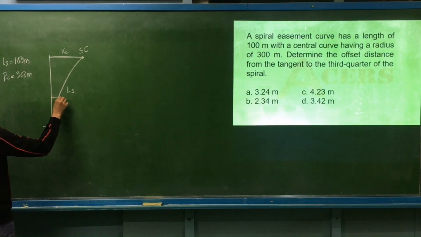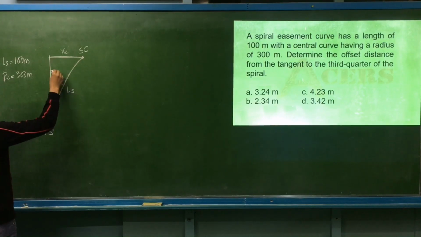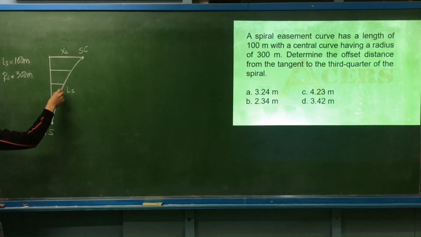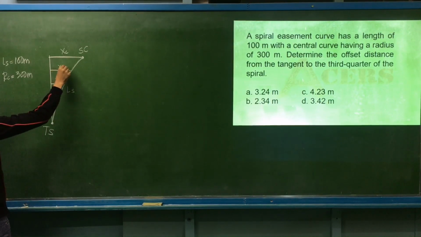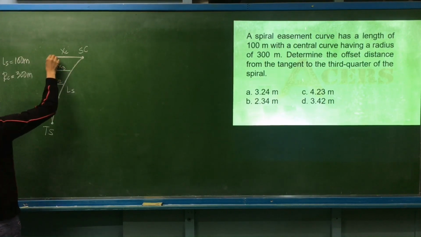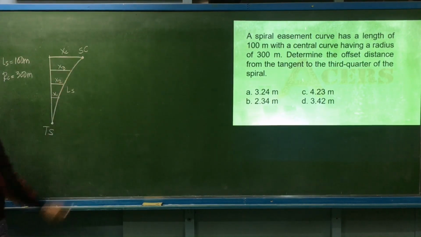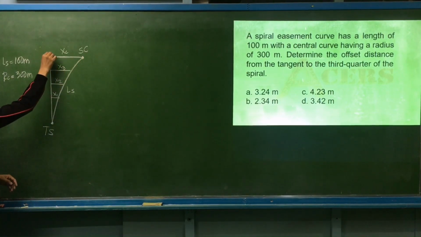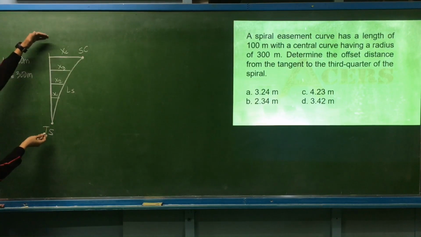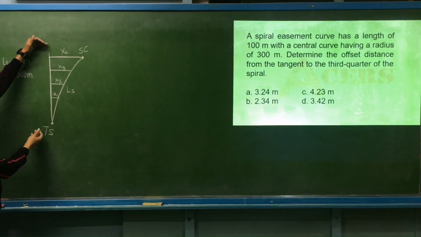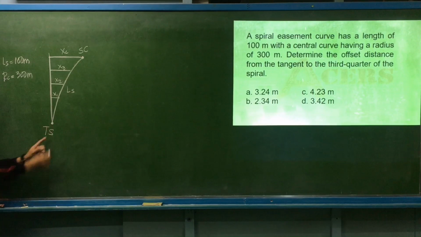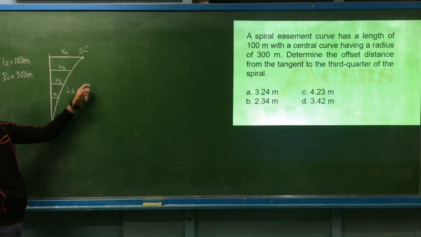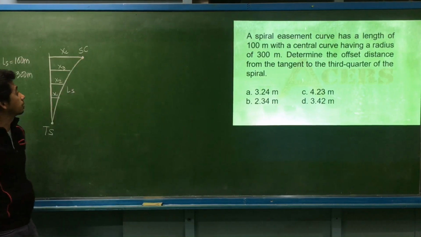For example, we have first quarter, second quarter, and third quarter. So how do we get these offsets? The longest offset, the perpendicular offset, is the starting point of the circular curve. If you remember, this is the tangent distance, but it is not yet complete. Tangent distance is the starting of the spiral. After the starting of the spiral, just add the length of the spiral, that is the starting of the central curve.